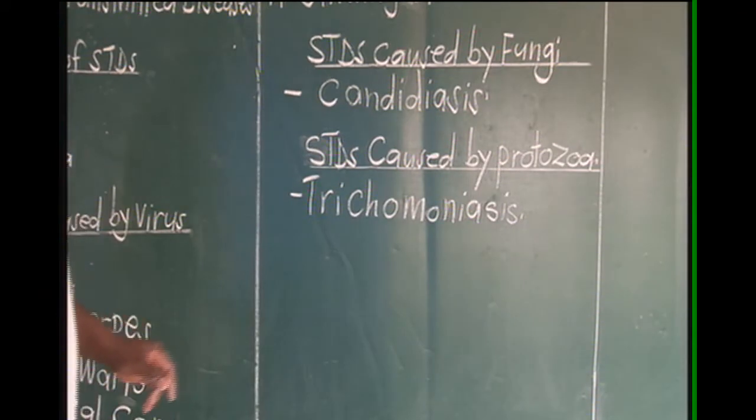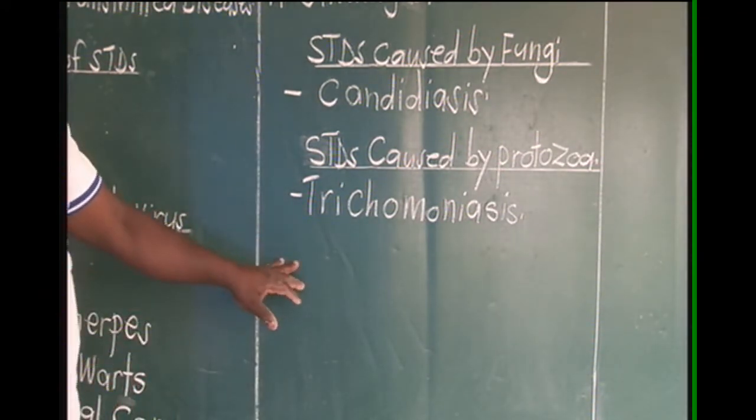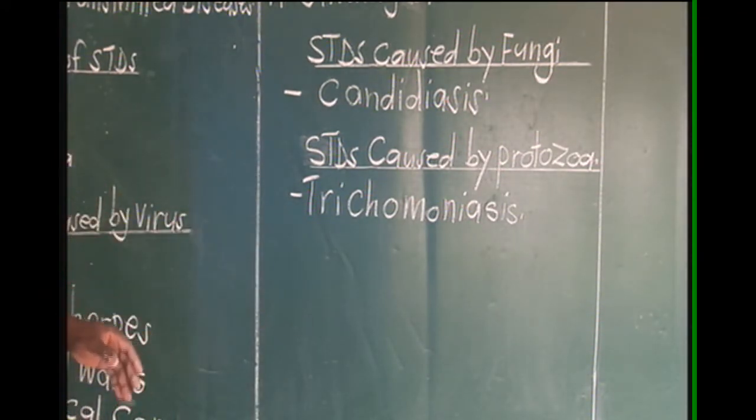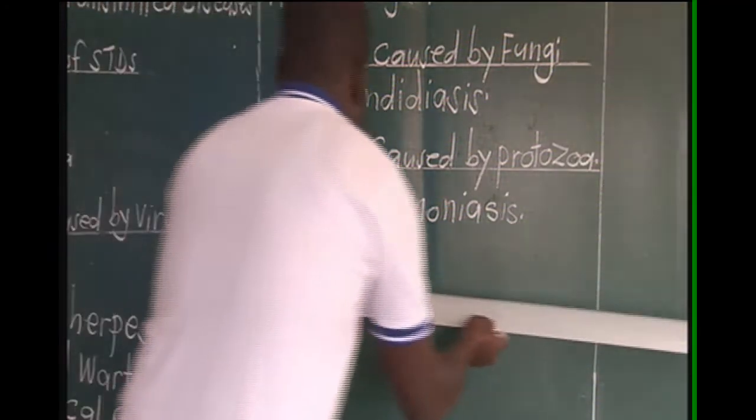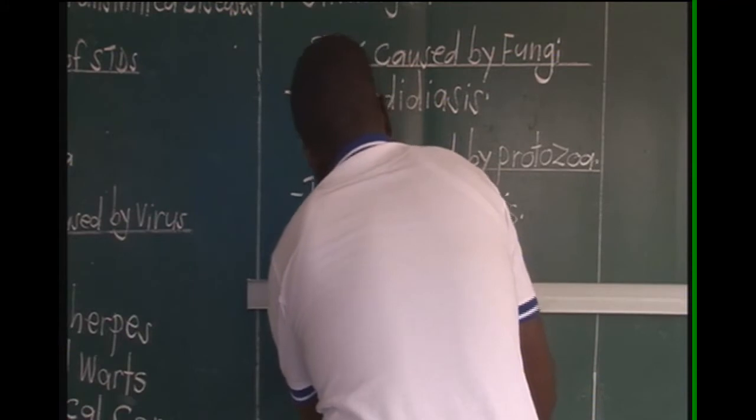So we are going to look at these sexually transmitted diseases one by one. We begin with gonorrhea. Gonorrhea is going to be our disease number one.